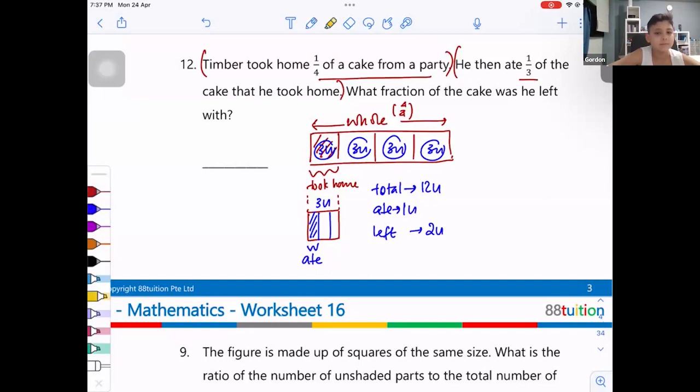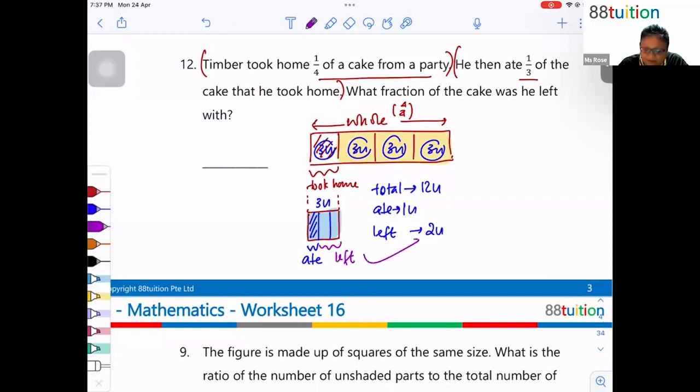These 9 units here, he did not take home. So he only took home this. Sorry. He only took home this. And he is left with this. So this is what he's left with. He's left with 2 units.